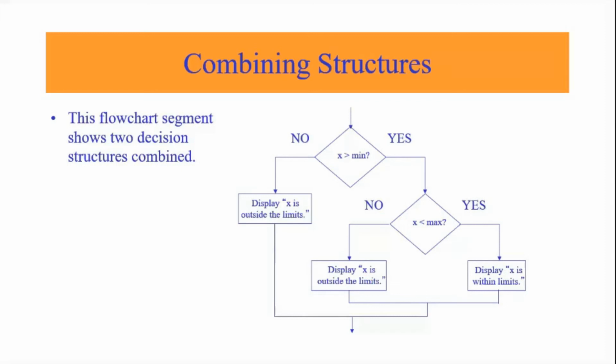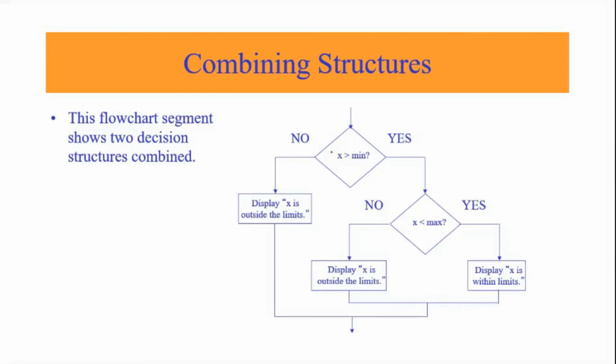So in this condition, what we are checking is whether x is within the limits, that is, x has a specific lower limit and a higher limit. Say if some value is between 60 and 100, something has to happen. So that is the condition.